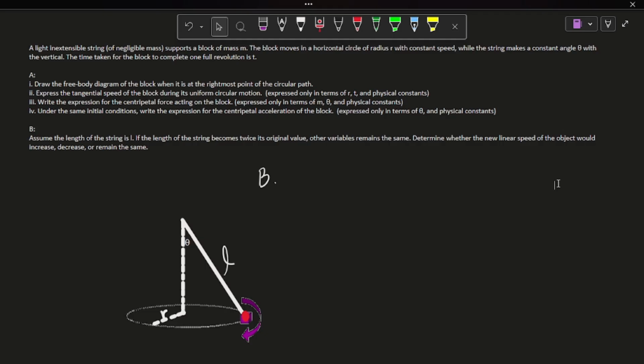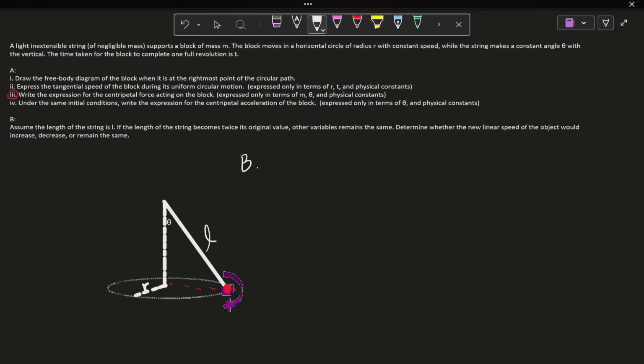You can solve for the expression of the variable. And now let's see which formulas actually involve v, the velocity. If you remember the formula for the centripetal force Fc, it is equal to m times v squared over r.